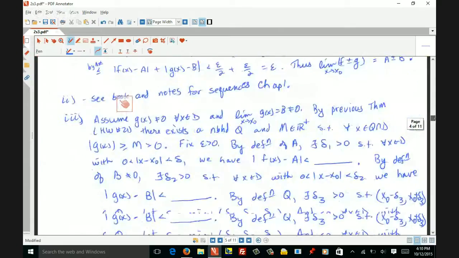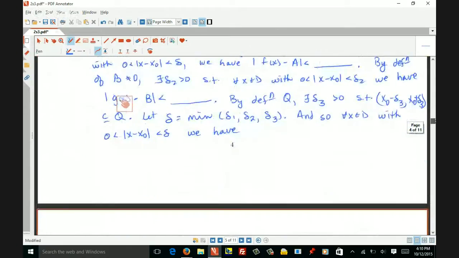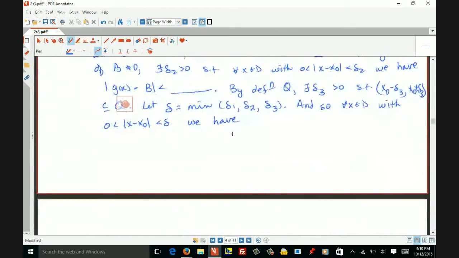Okay, we have, and we'll start right here, f of x over g of x minus a over b. What should we do? Get a common denominator. So this is f of x times b minus g of x times a all over g of x times b.